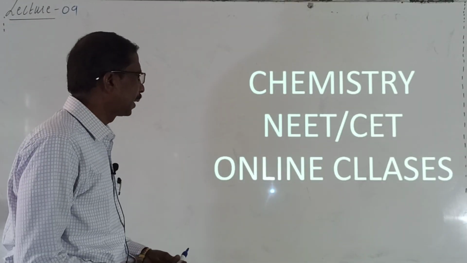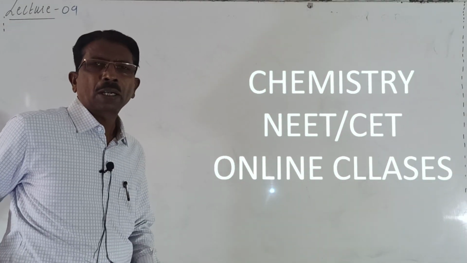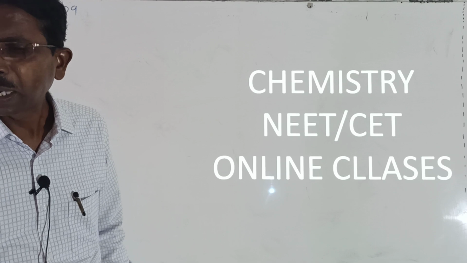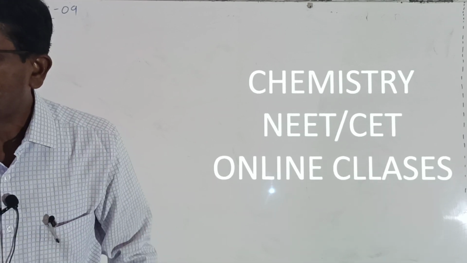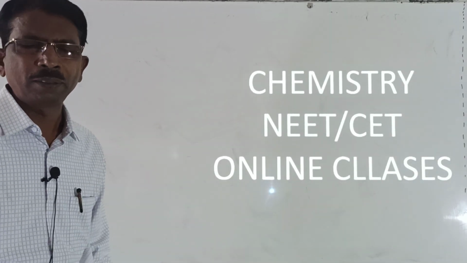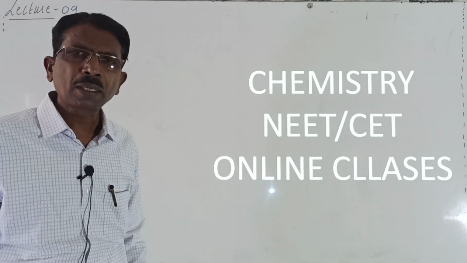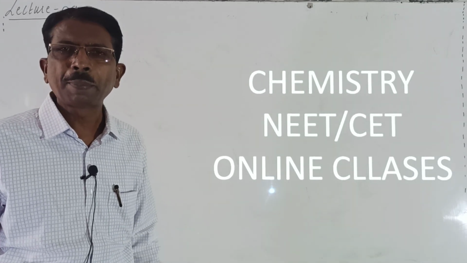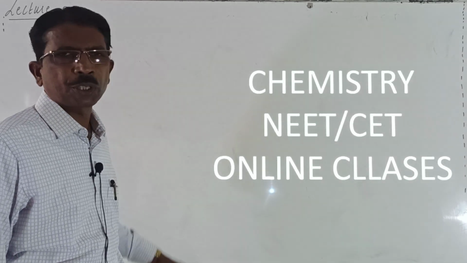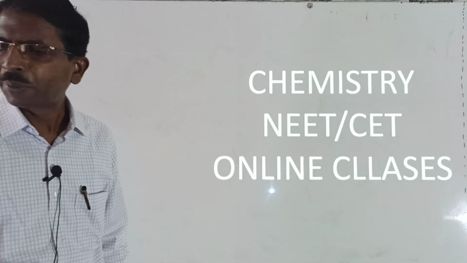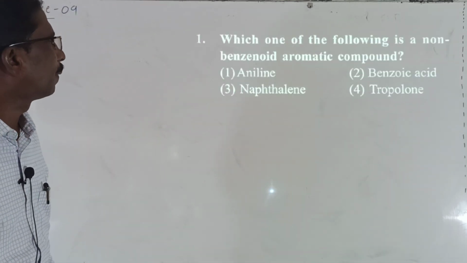So here, chemistry NEET or CET online classes, few questions I have, and let us see these questions one by one. So it is the coaching part from your book, that is the material given in chemistry. So from the chemistry material, number 1, look here.